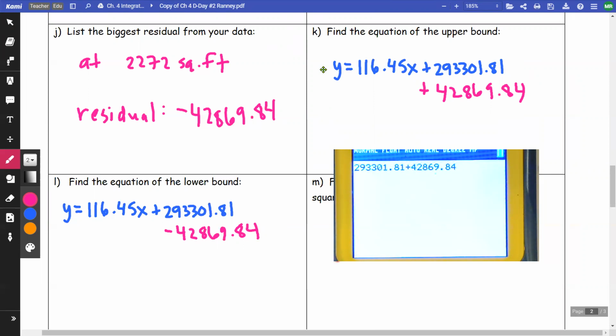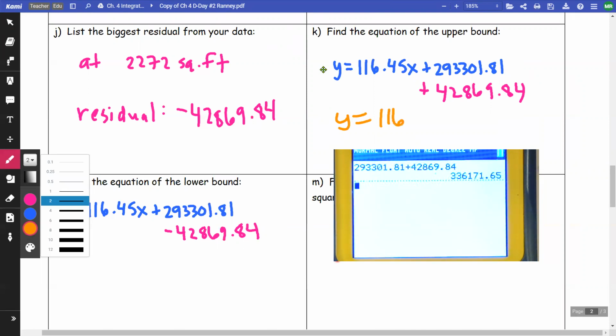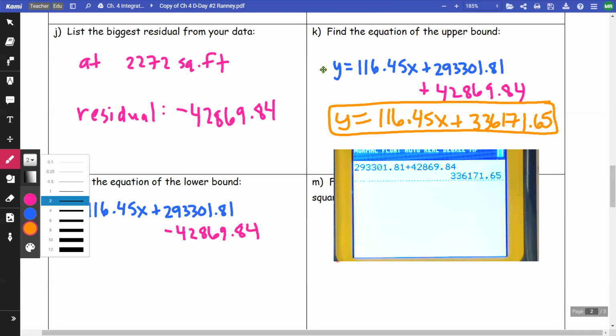And when I do, I get 336,171.65. So my final equation for my upper bound is going to be 11645x plus 336,171.65. This is an equation that's going to be parallel to the other one.